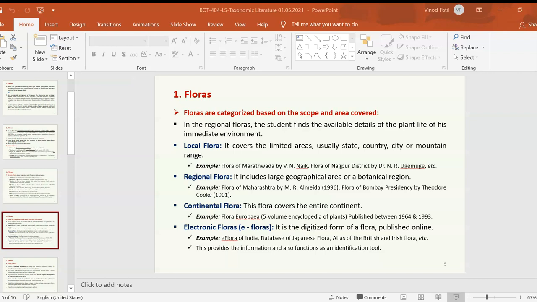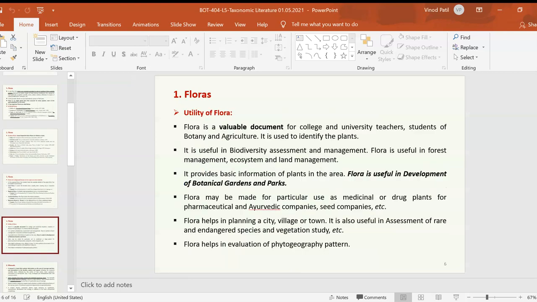So instead of all these, the e-floras are good to get the available knowledge on the particular plant. So floras provide the information and also function as a tool for the identification of the plants.